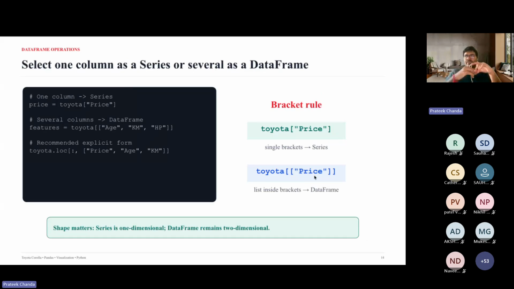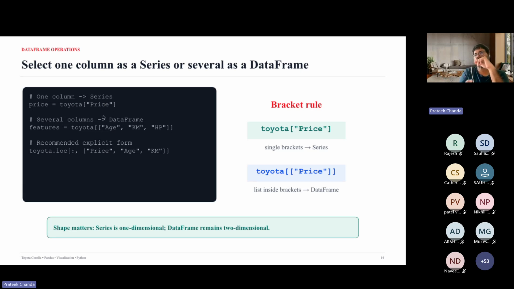So now I have this table created. What I want to retrieve is a particular column from the table. What I can do is something like dot price, with price within quotes.